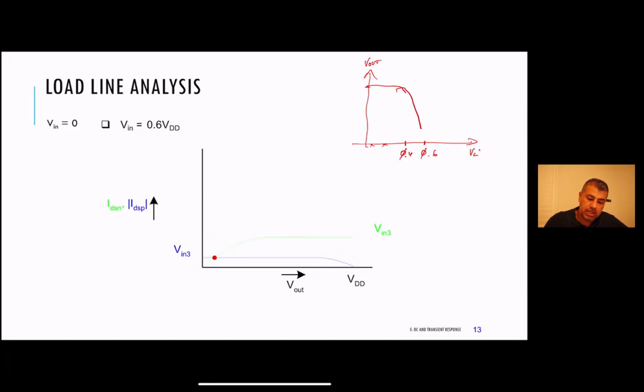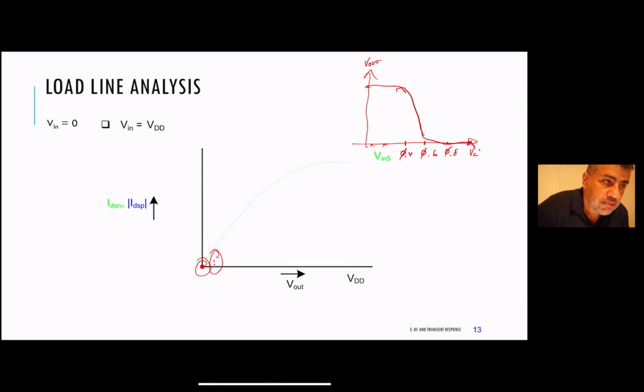It's all the way down here. At 0.8, the P is almost off, but maybe it is off. At VDD, it is totally off. So we get that transfer function.